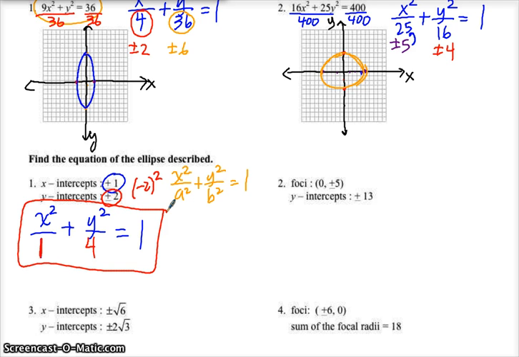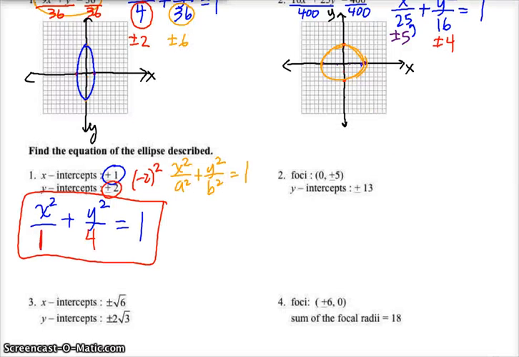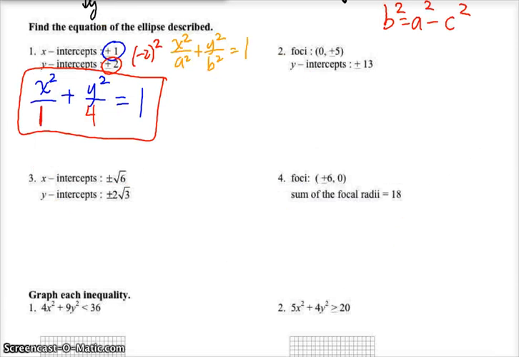Okay, but what if I give you foci instead of the minor axis and major axis? So here is foci. So we have to go up to this grid on the other side, that said that b squared equaled a squared minus c squared. Right? Remember this right here? b squared equals a squared minus c squared. Okay, but what was b, what was a, what was c?